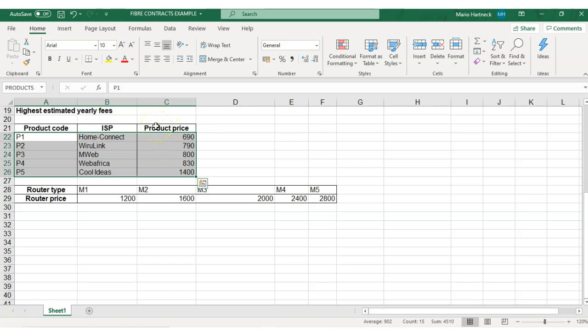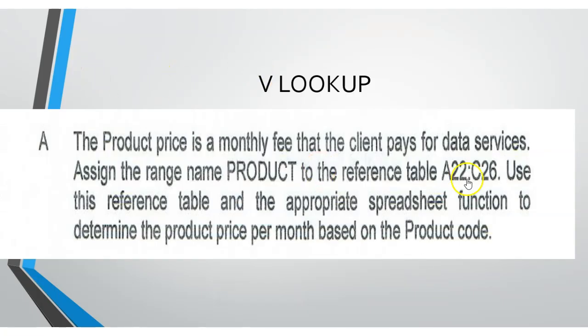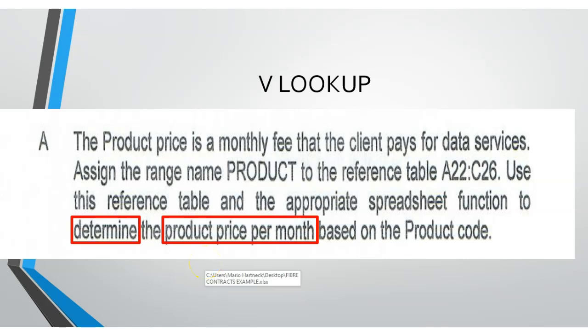And because the headings are on top, that's how we know it's a VLOOKUP that we have to use. Okay, so going back to our question, what is the most important part here? Use this reference table and the appropriate spreadsheet function to determine what must be determined. What do we need to go and work out? We need to determine the product price per month. And what is this product price based on?